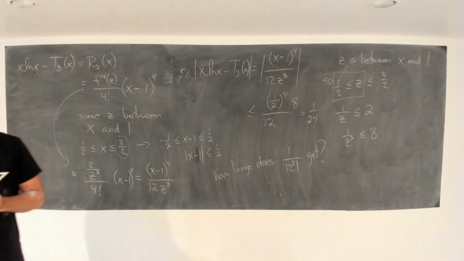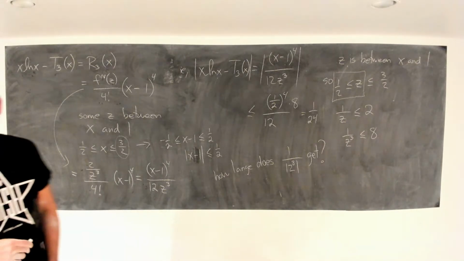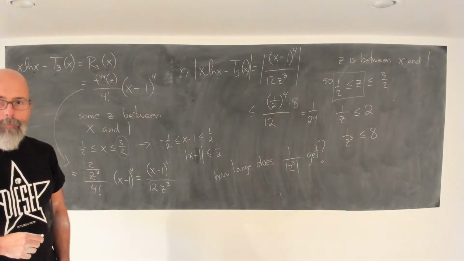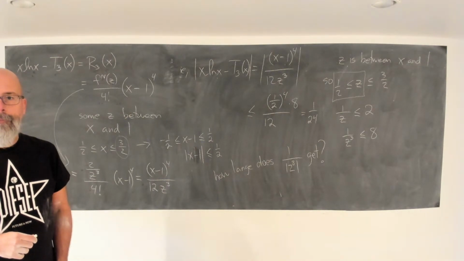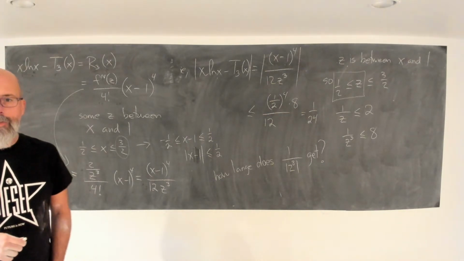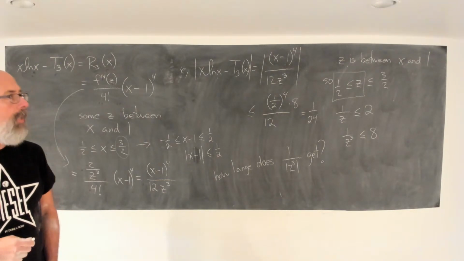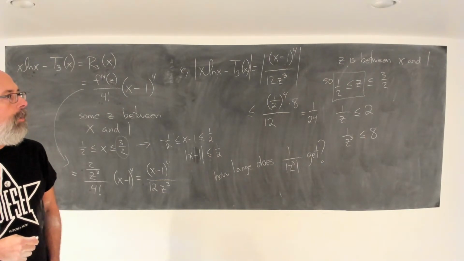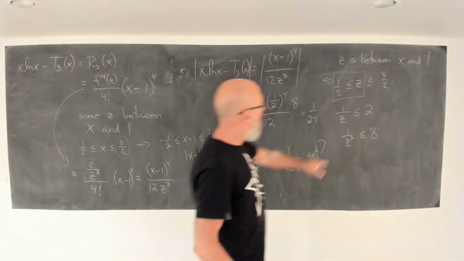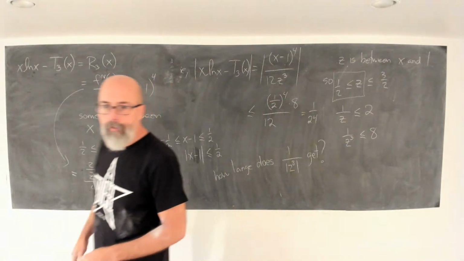Was z between x and 1 given in the initial problem? It was not. You knew it by the Lagrange remainder theorem. Why did we pick 1/z less than or equal to 2, z bigger than 1/2? Well, so we get an upper bound on 1/z³, which is what we were looking for.